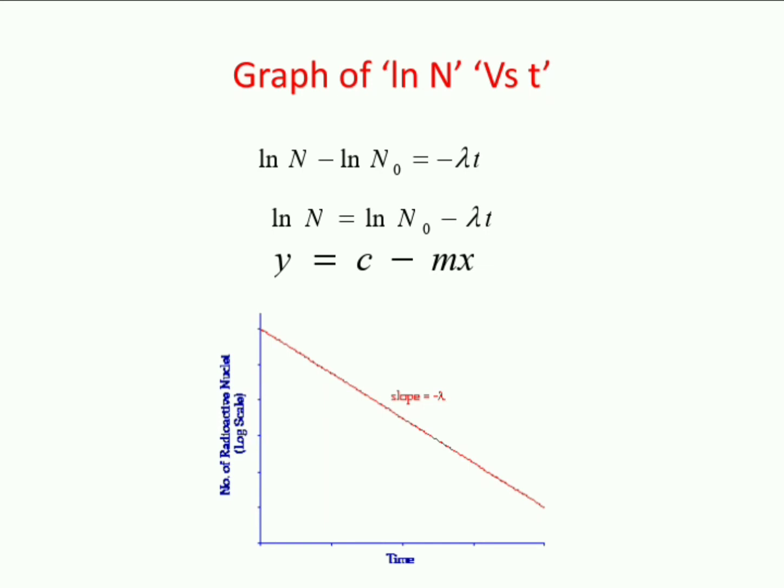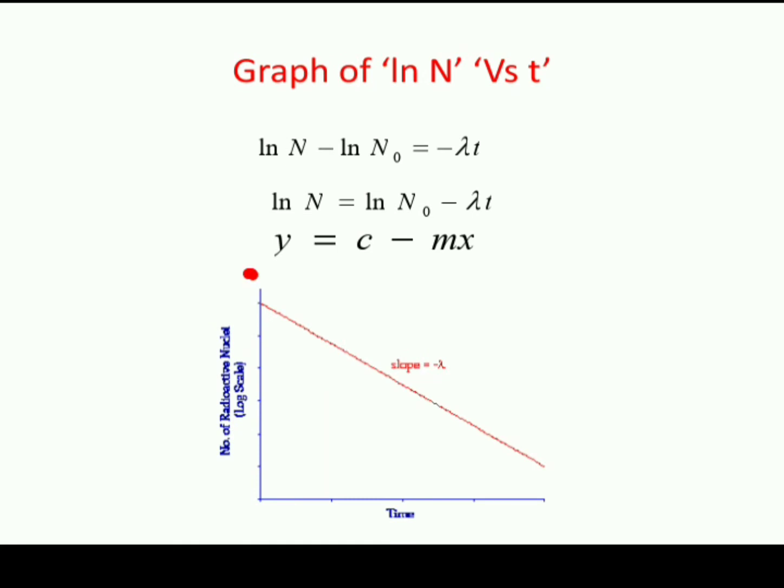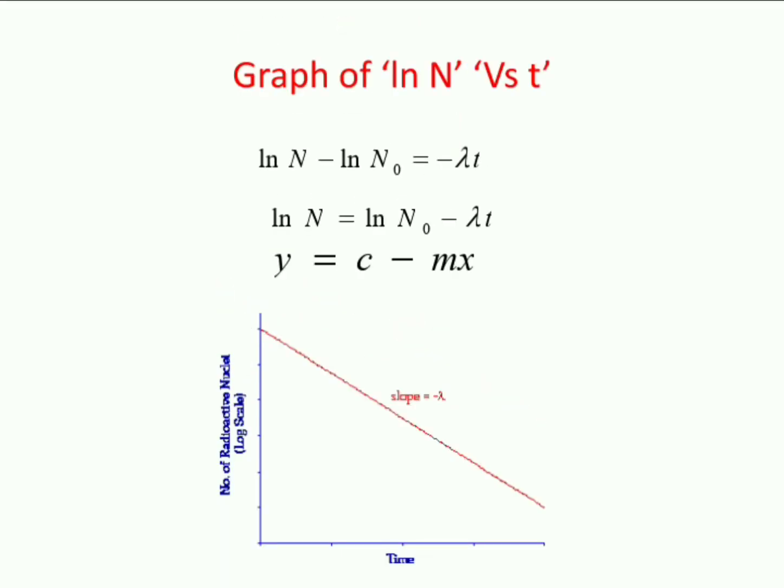It is in the form y is equal to c minus mx, which is a straight line with a negative slope and a positive intercept. So the intercept is log N naught. That means when t is 0, the initial value is log N naught, and as time increases, it is a straight line with a negative slope.